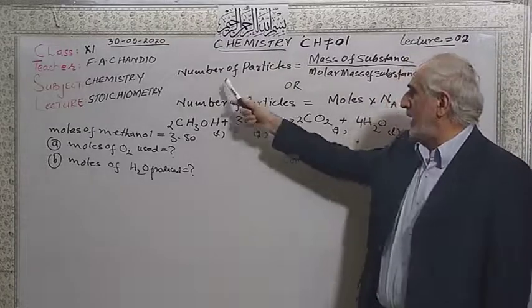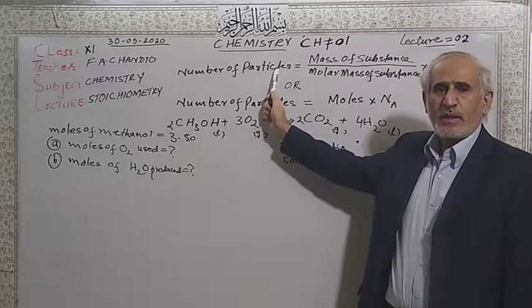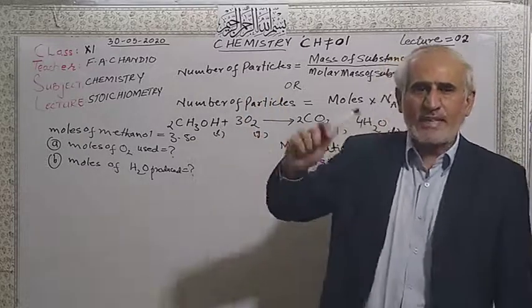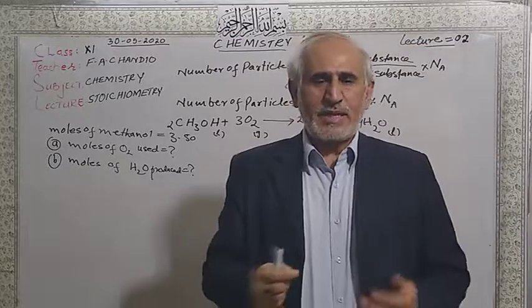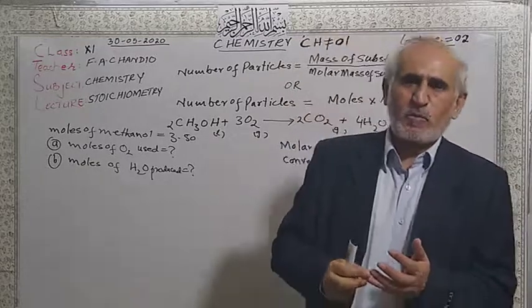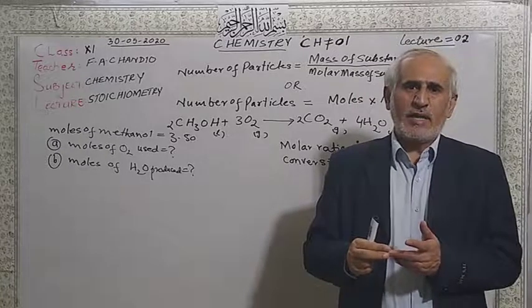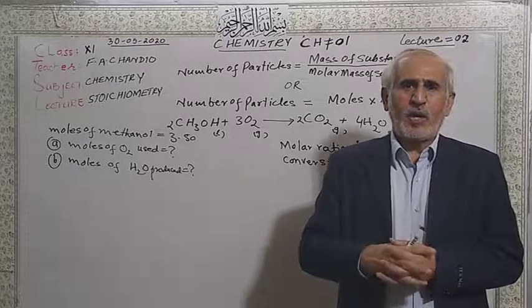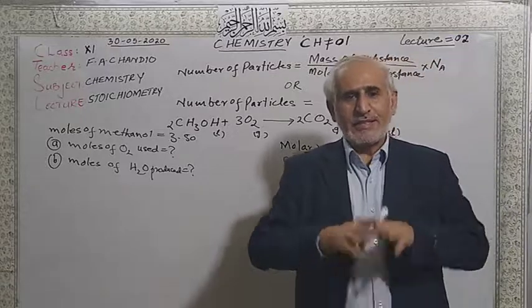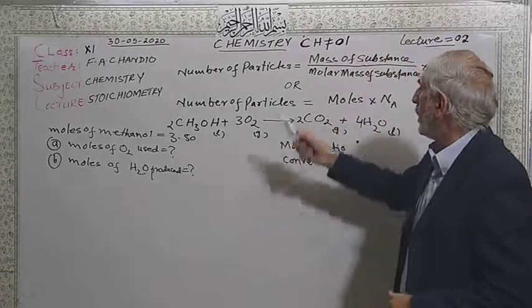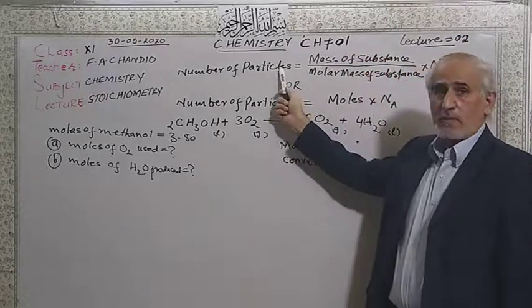So dear students, see, when we say number of particles, it means number of atoms, number of molecules, number of ions, and number of formula units. These are all combined called number of particles.